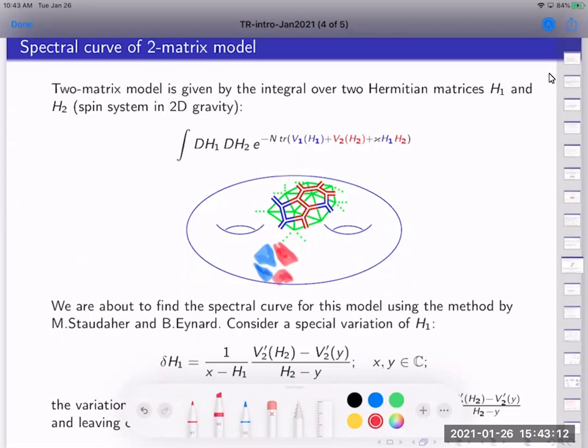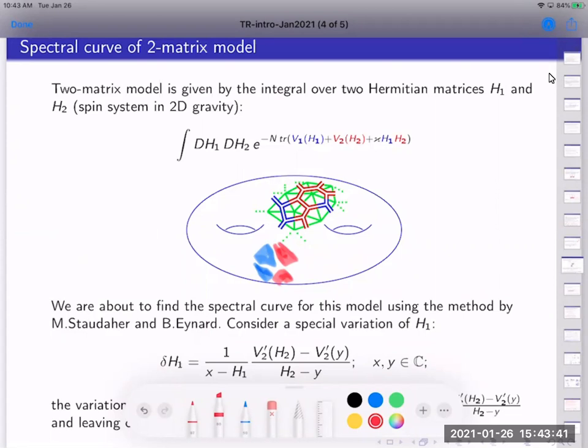Or we can think about it as a spin 1/2 structure in the corresponding two-dimensional gravity. And we identify this structure with this matrix model, where you see that the edges and vertices are of two sorts.